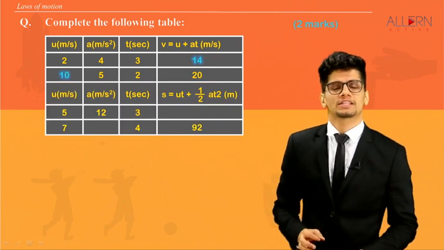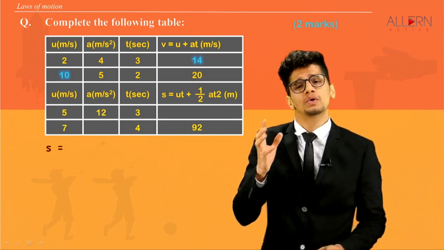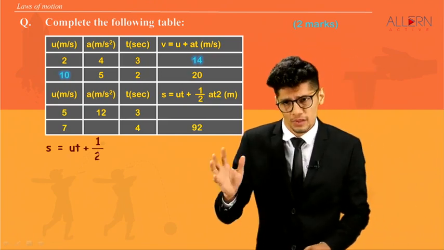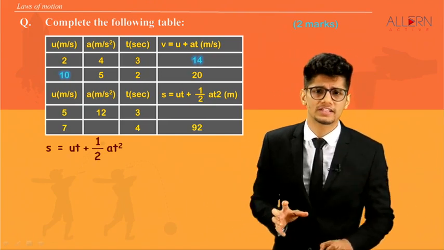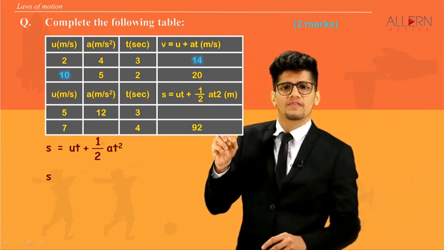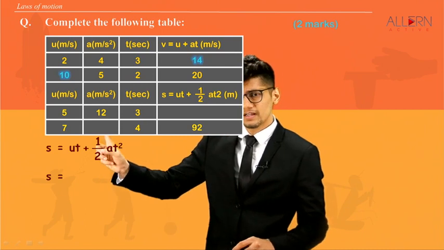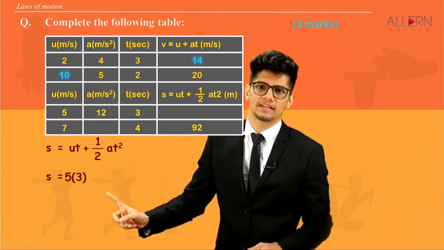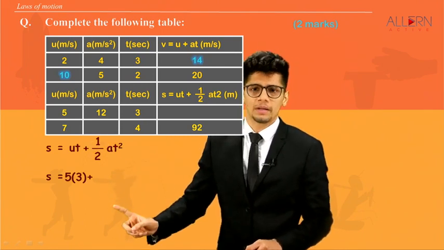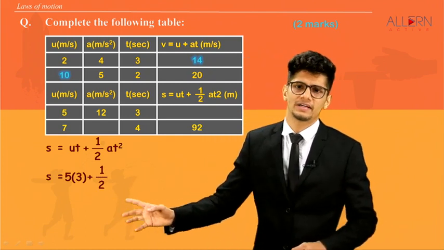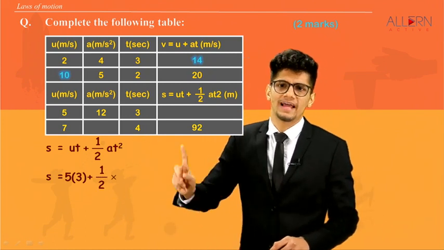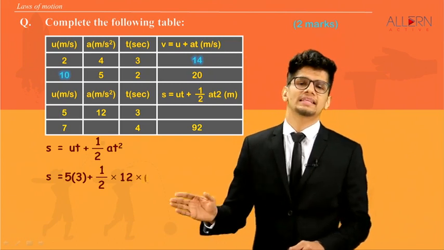Now let's move on to the next one. The formula used over here is S is equal to UT plus half AT square. Now S we are supposed to find out. Here we are given the value of U, that is equal to 5, T is nothing but 3, plus half remains half, A is nothing but 12, and T square is nothing but 3 square.